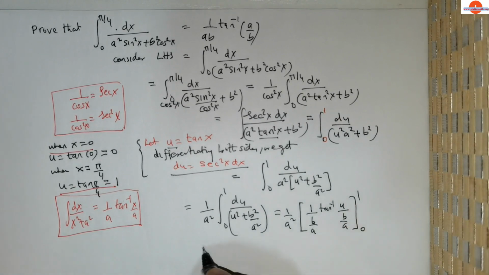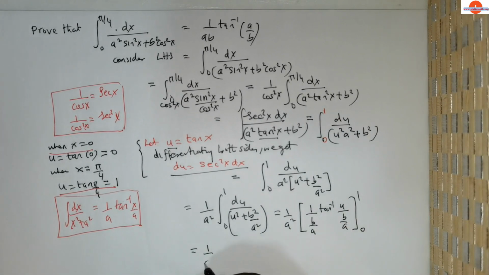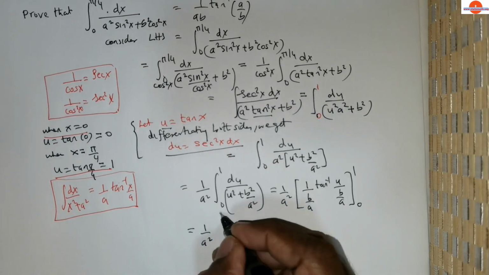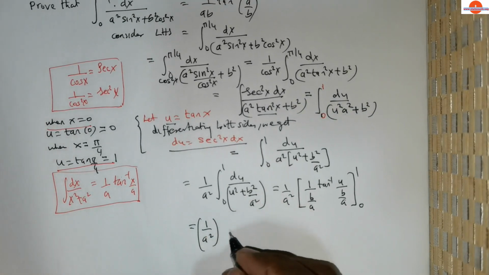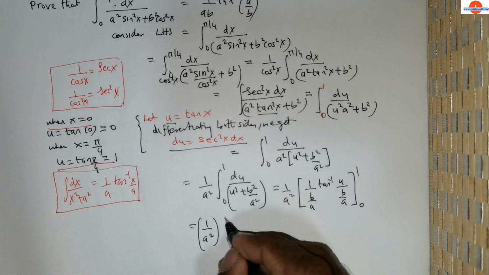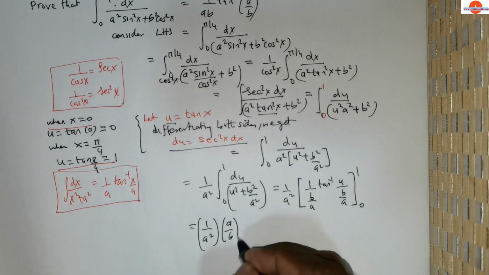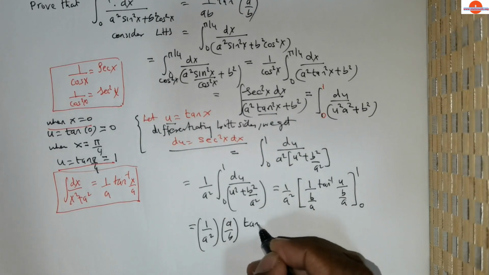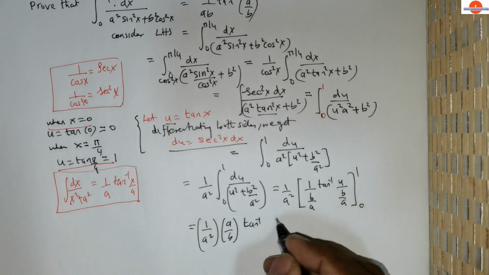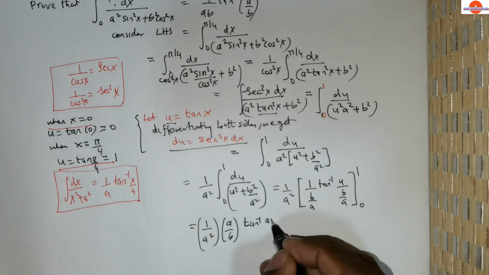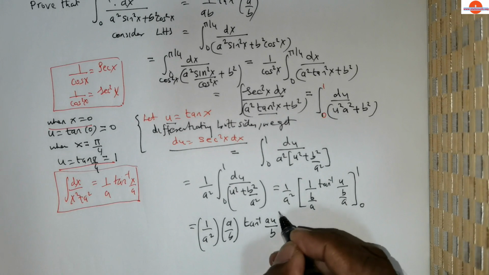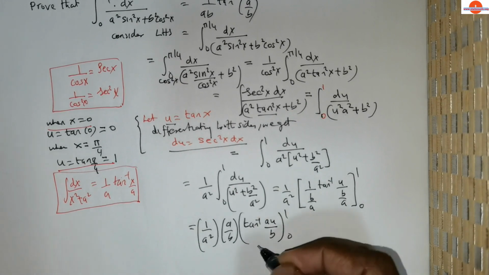The limits are 0 to 1. This can be rewritten as 1 over a squared times b over a, you can flip it, so that's going to be a over b times tan inverse of u divided by b over a. Again you can flip it, so you get au divided by b. The limits are 0 to 1.